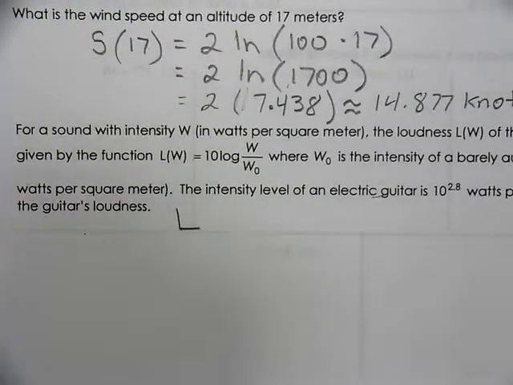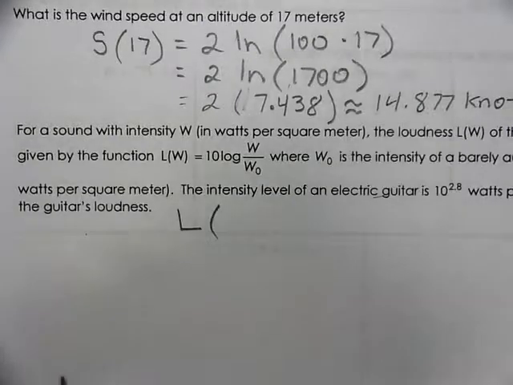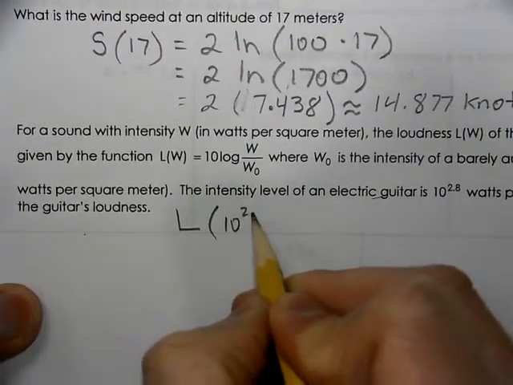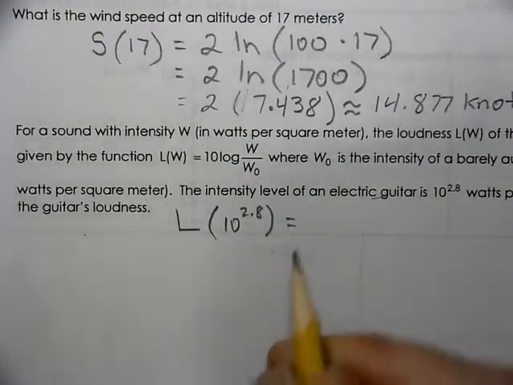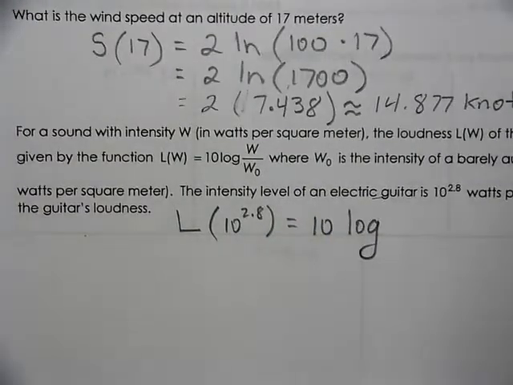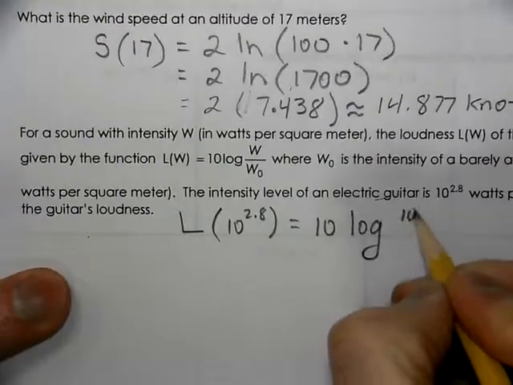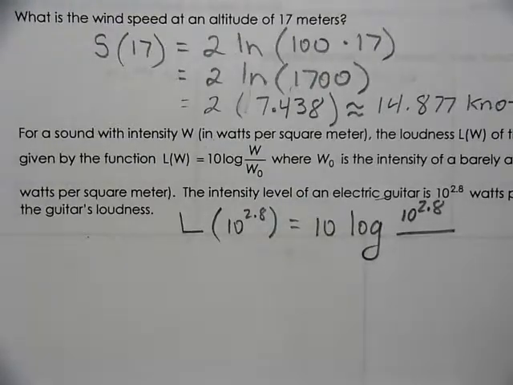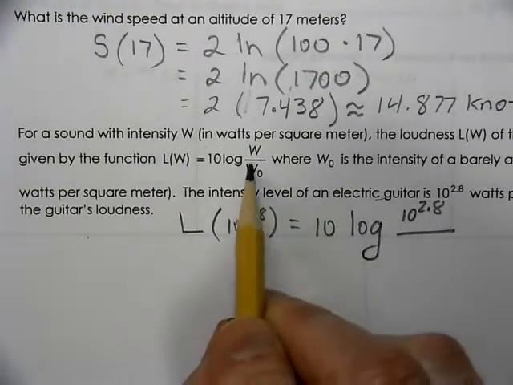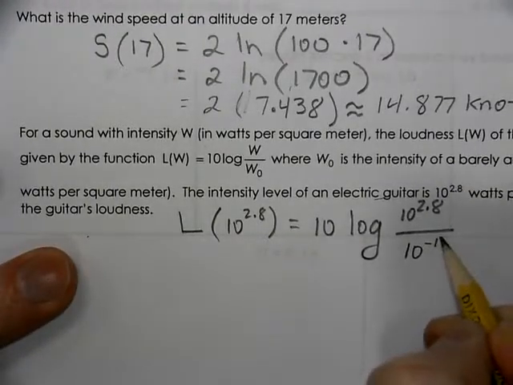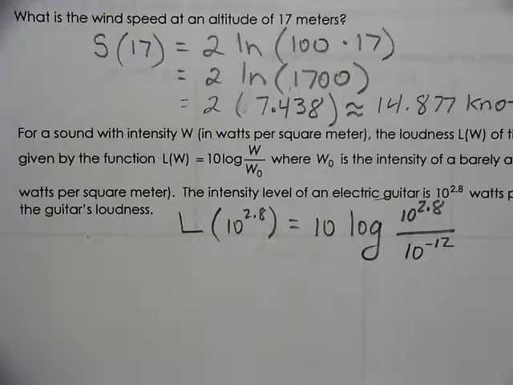Well, the loudness, if the intensity, which is the W, is 10 to the 2.8, follows this formula. 10 times the log of our intensity, which is 10 to the 2.8, over W sub 0, which is the lowest sound possible.